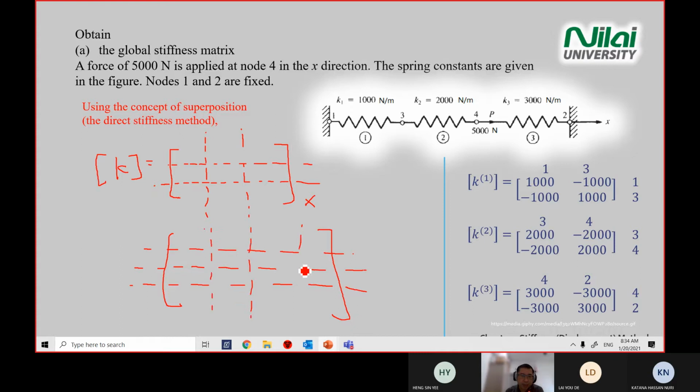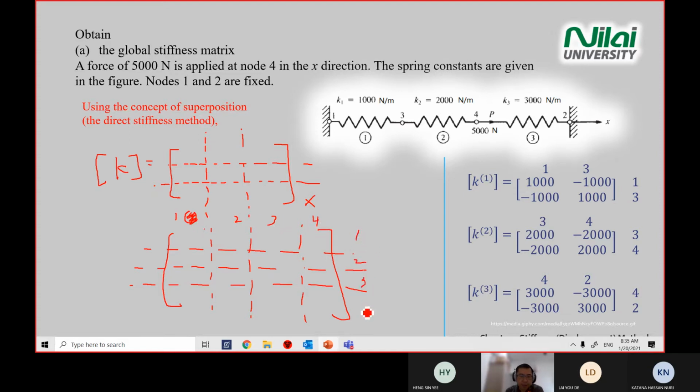Of course, in the exam you don't use your pen to draw this line. You can use pencil to draw, but don't use pen to draw. When you use pen to draw, it means that is your final answer. So you label the location. You just label 1, 2, 3, 4.